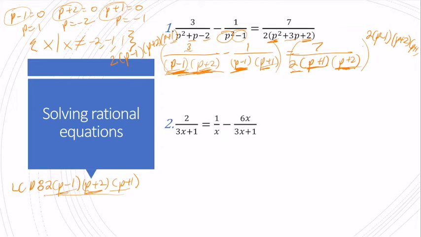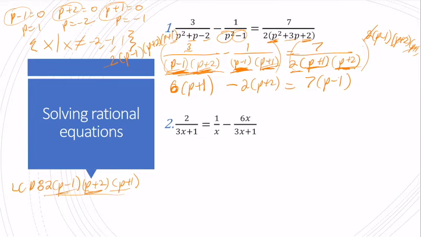So I have 3 times 2, which is 6, times p plus 1, minus 2 times p plus 2, because my p minus 1 and p plus 1 cancel, equals 7 times p minus 1, because my 2 and my p plus 2 and my p plus 1 cancel.